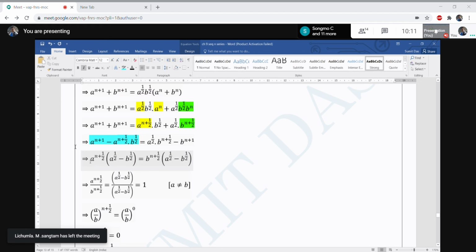I'm taking a to the power n plus 1 by 2 common. So what will be left from n plus 1? If I take common a to the power n plus 1 by 2, what remains is 1 by 2.